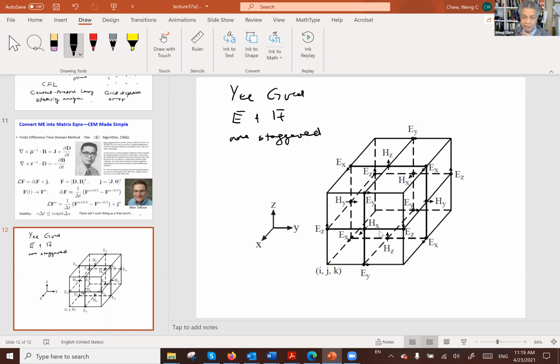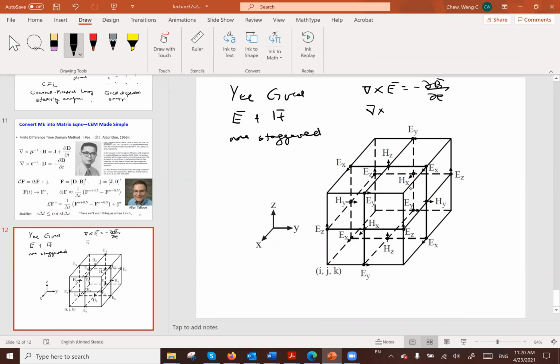Okay, you can see that the curl of E gives rise to H, and then you can trace the H. I don't have a nice picture of it. You can think of the H as going around, and then it produces the E. So this Yee grid replicates this physics really well.